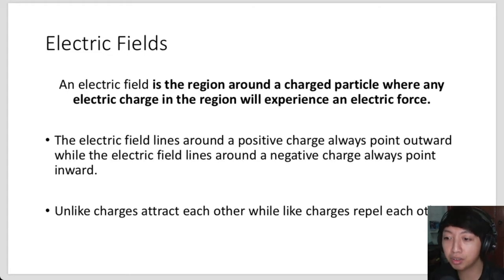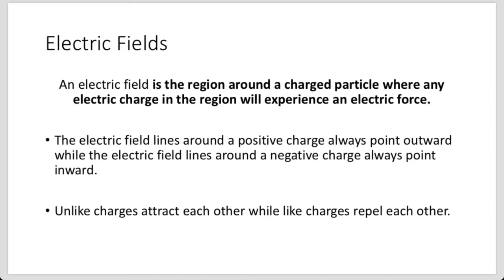All right, so this is what an electric field is. I'll read it out. An electric field is a region around a charged particle where any electric charge in the region will experience an electric force. Now this is the definition given in your textbook.